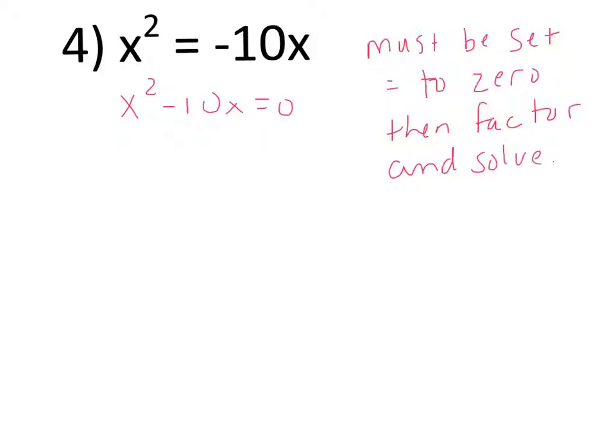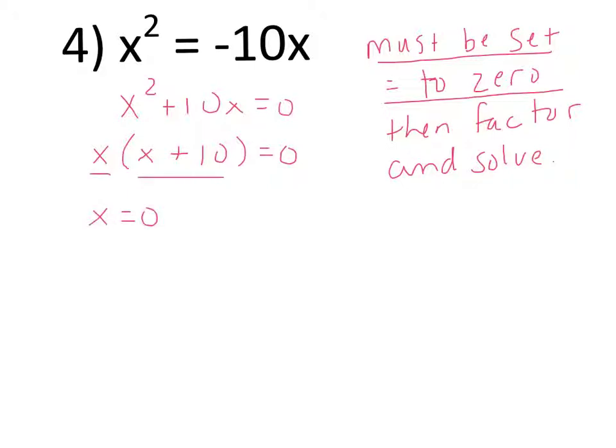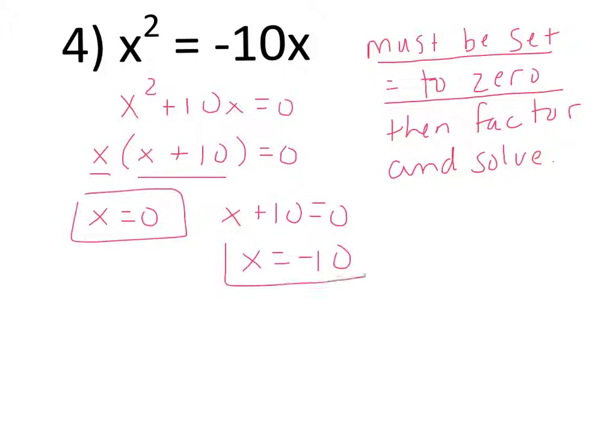Okay, but that part right there, it has to be set equal to 0. This is the big dog. You've got to do that first, always. So we're going to, oh, I forgot, I should put addition there. So we're going to add the 10 to the other side. So now if I'm going to look at this, I'm going to pull out an x and have x plus 10 left over inside equals 0. Again, I'm going to take the x on the outside, set it equal to 0. So this guy, and then I'm going to take the x plus 10 and set it equal to 0. So I have x equals 0 and x equals negative 10. So I've got 0 and negative 10.